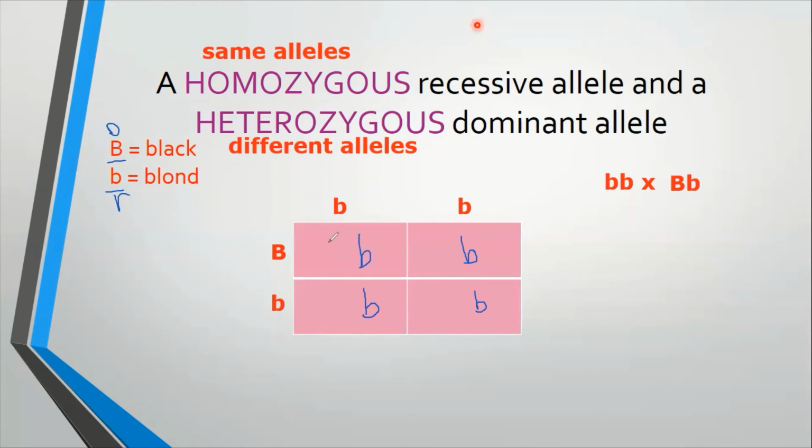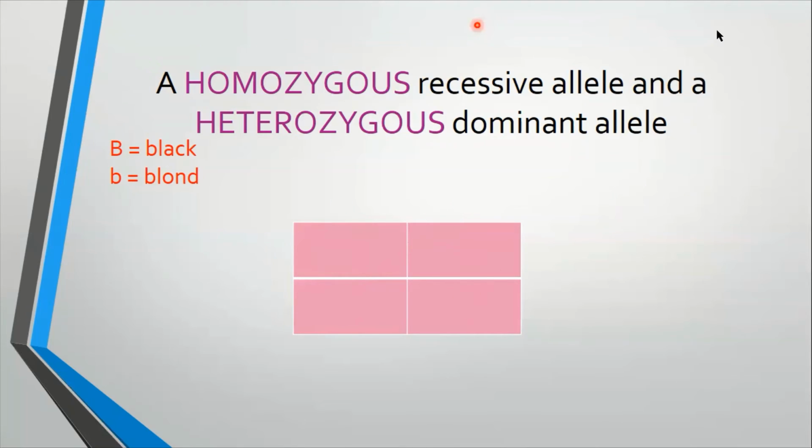Okay, now right here, we said to be B capital, uppercase B, and here lowercase b and lowercase b. So now we finished this Punnett Square. So now I'll erase and go to the next.